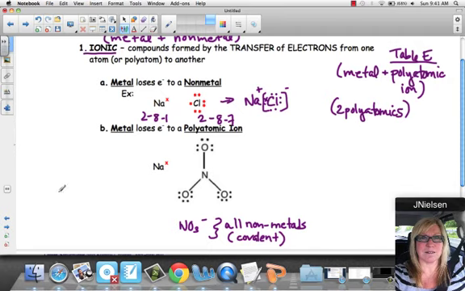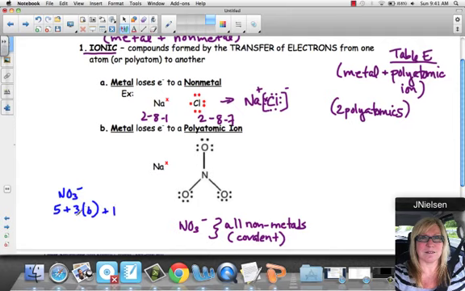When I want to figure out how to draw NO3-, I have to look at how many valence electrons are involved. So what I know is nitrogen has 5. And I know that I have 3 oxygens, and each oxygen has 6 valence electrons. Plus this minus sign tells me that the ion gained an electron.